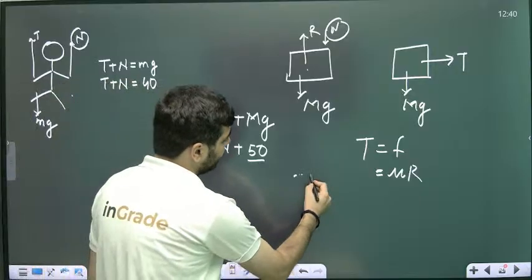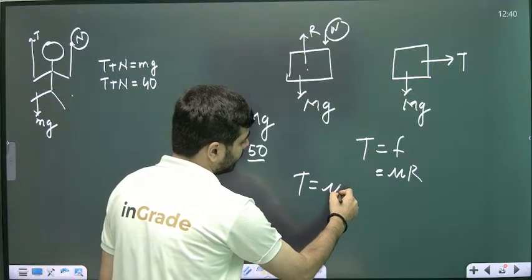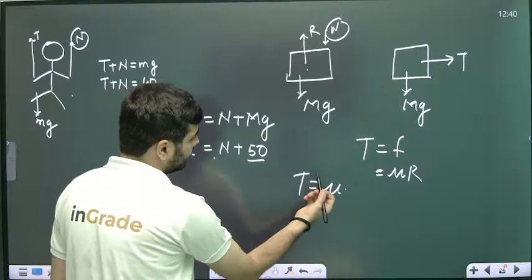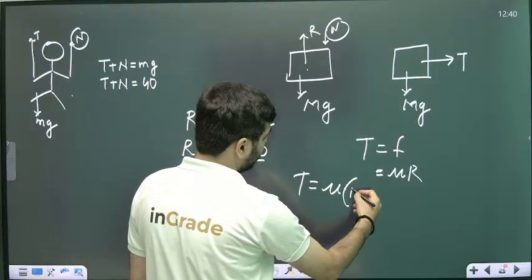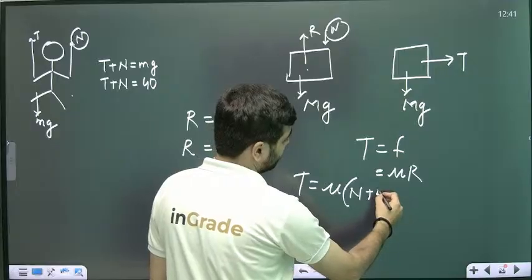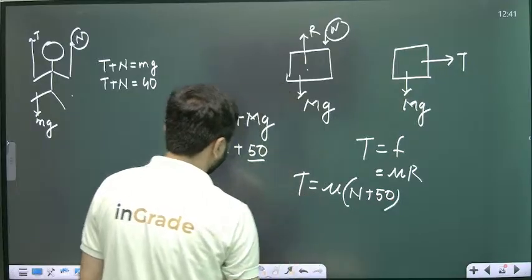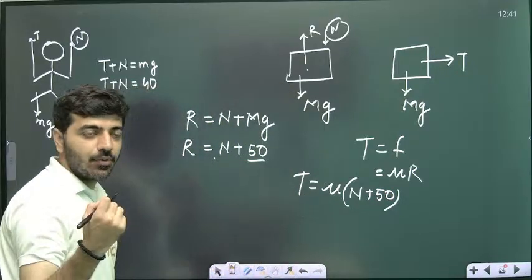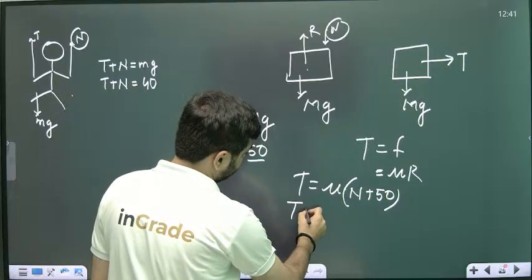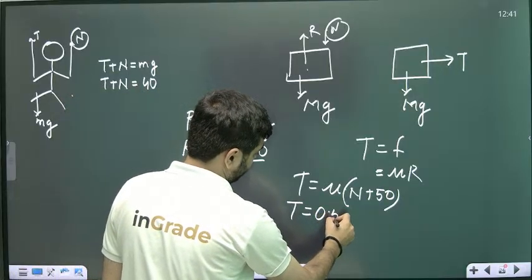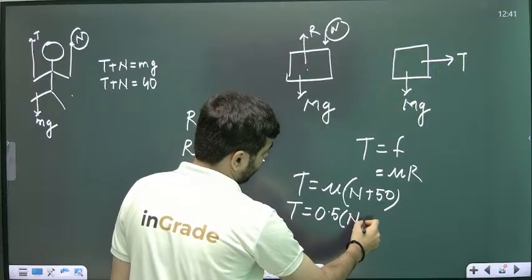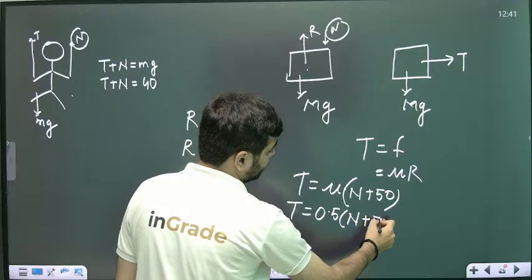Then T will be simply mu times the value of R, that is N plus 50. Put the value of mu, that is 0.5, so T equals 0.5 times (N plus 50).